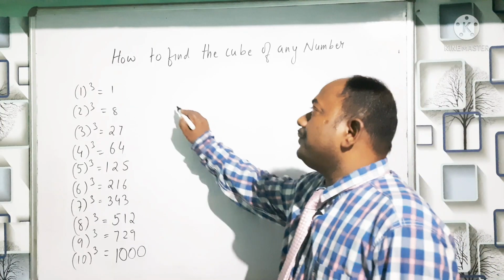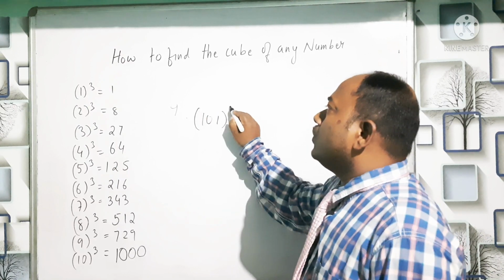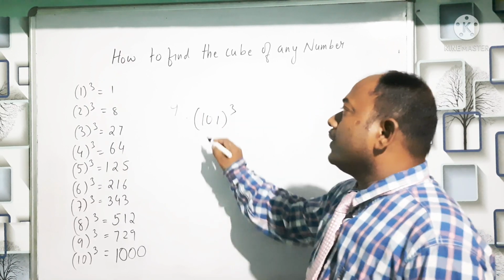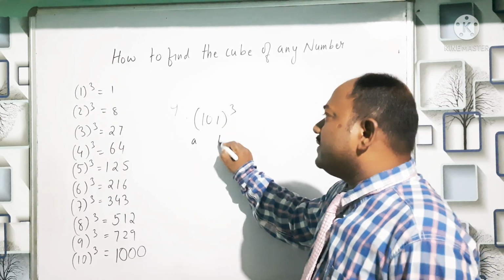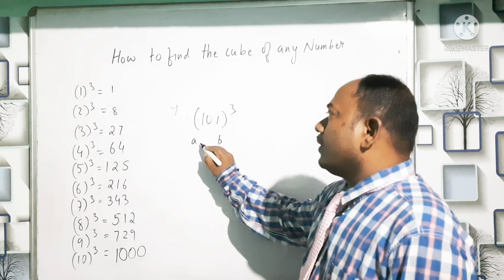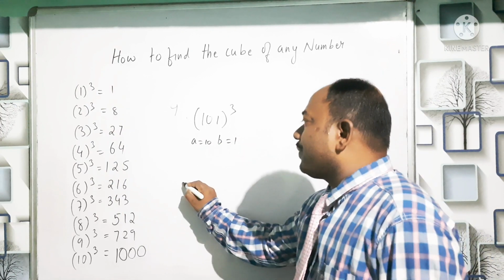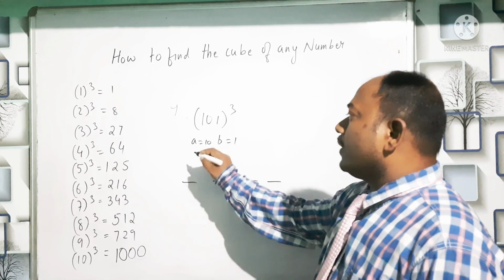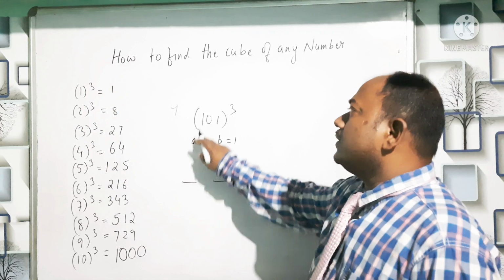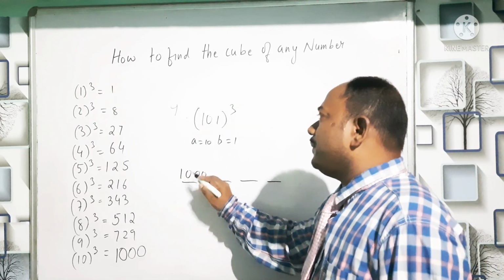Example 4. 101 whole cube. We'll take 10 as the first digit and 1 as the second digit. A is equal to 10 and B is equal to 1. Give 4 dashes. For the first place, find 10 cube, that is 1000.